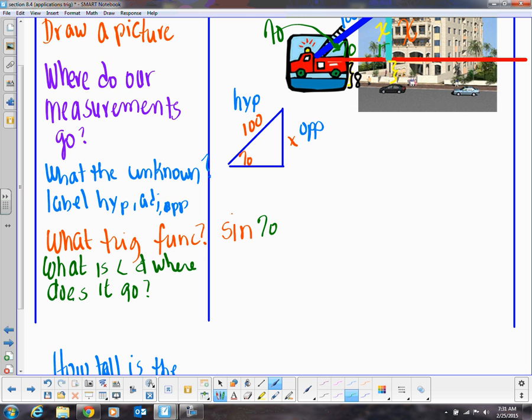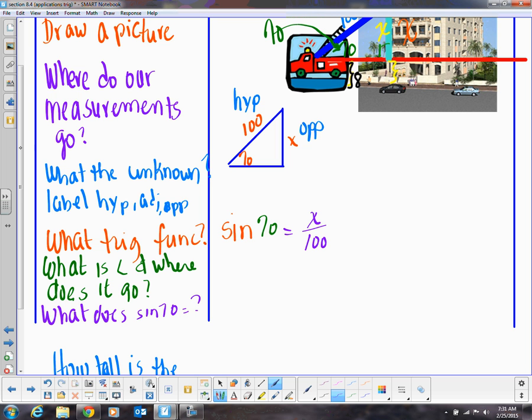Now what does sine 70 equal? X over 100. And if need be, you could have gone back to those key terms and made sure that you put opposite on top, hypotenuse on the bottom.